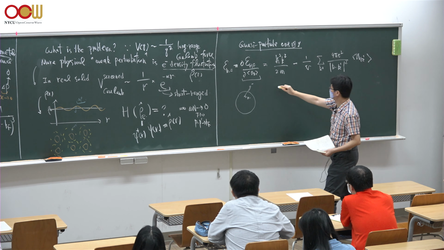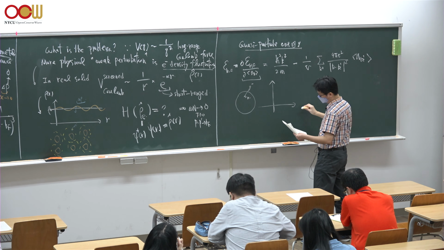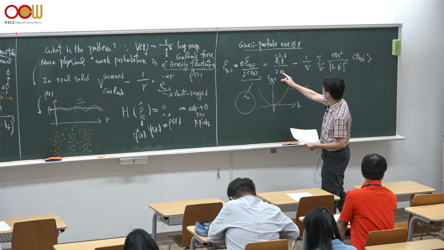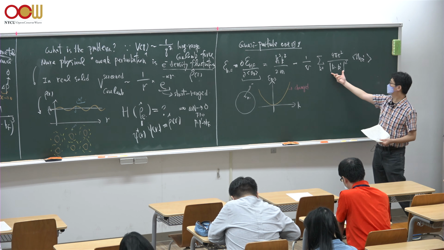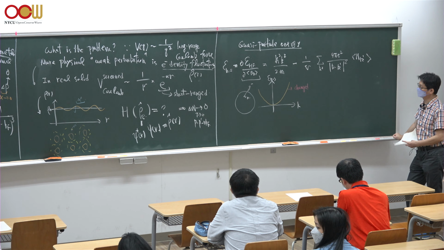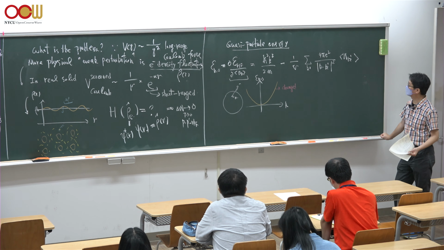In the presence of a Coulomb potential, the quadratic behavior of the free electron kinetic energy as a function of momentum actually changes. In addition to the quadratic in k behavior, there is an additional term due to the exchange energy. Now let's look at the new dispersion relation of a single electron in the presence of the long-range Coulomb potential.